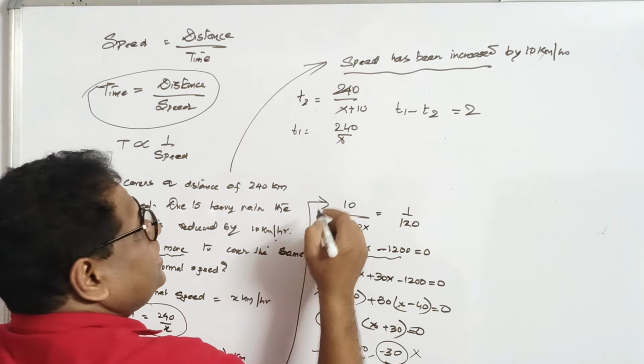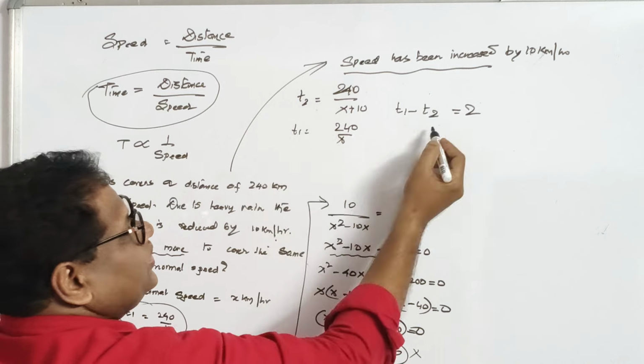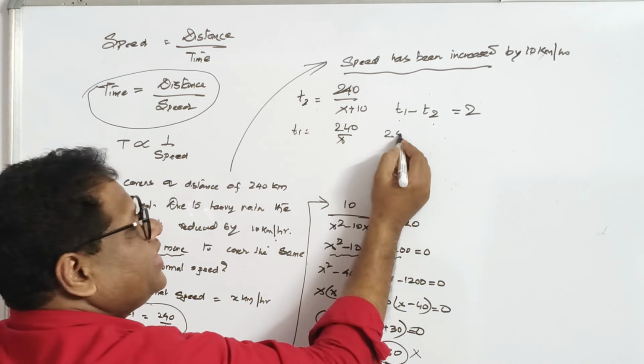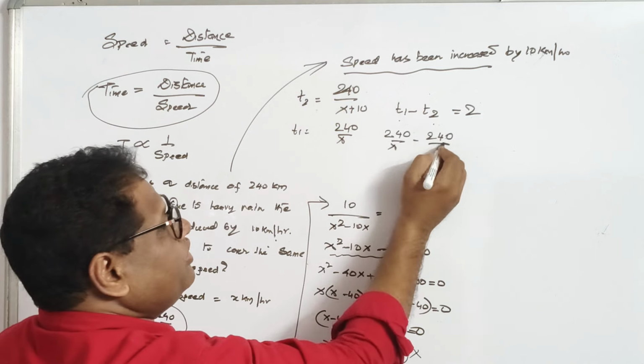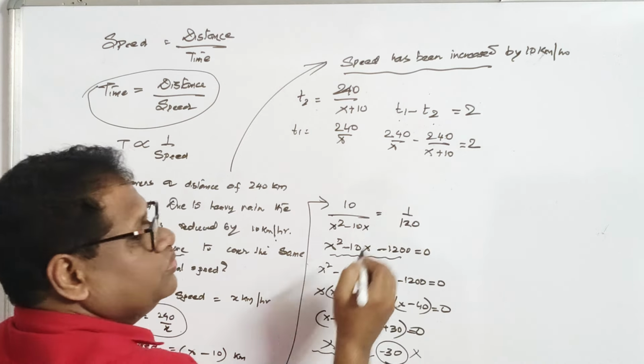Why? Because when the speed increases, the time is reduced. So the second time interval is less than the first time interval. So the equation will run like this: 240 by x minus 240 by x plus 10 equals 2.